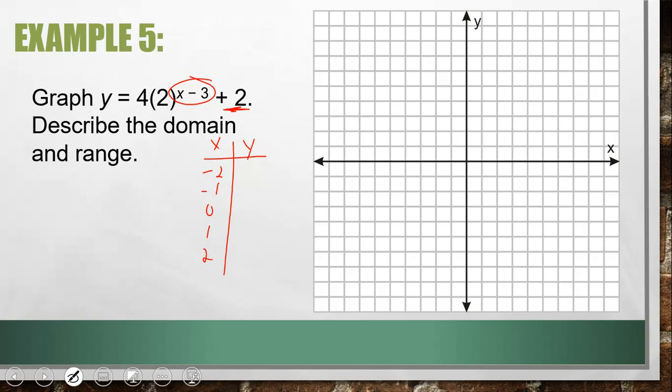And again, just plug it in and see what you get. You get a y value of 2.125 here, 2.25, 2.5, 3, 4. I'm going to go one more: 6.